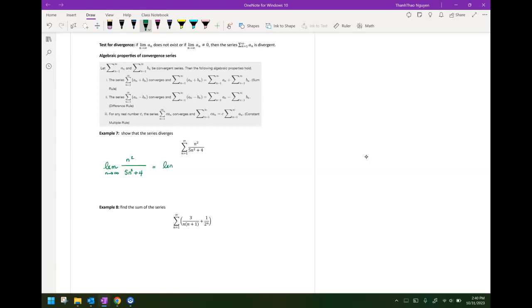We use the limit property and divide the numerator and denominator by n squared to get 1 over 5 plus 4 divided by n squared. This limit equals 1/5. So for the limit as n approaches infinity of a sub n, we get 1/5, and this is not 0. So then the series diverges.